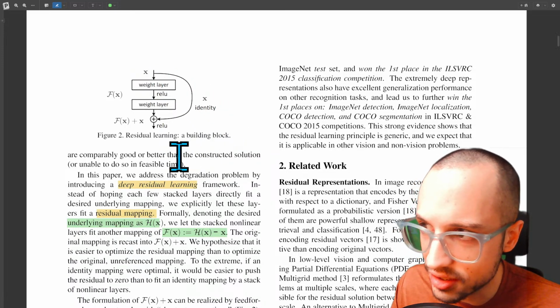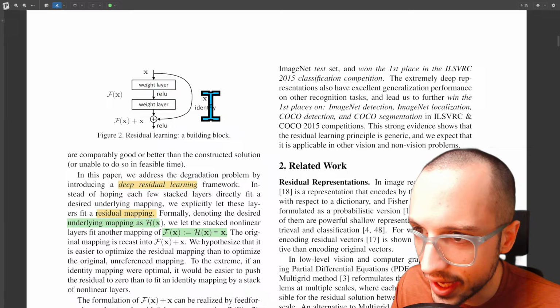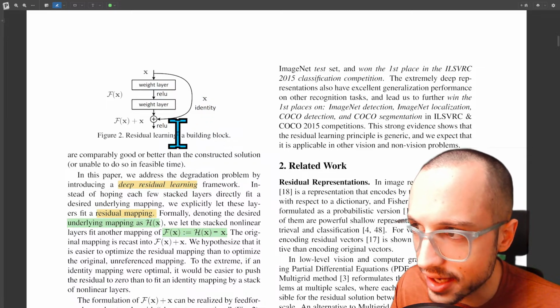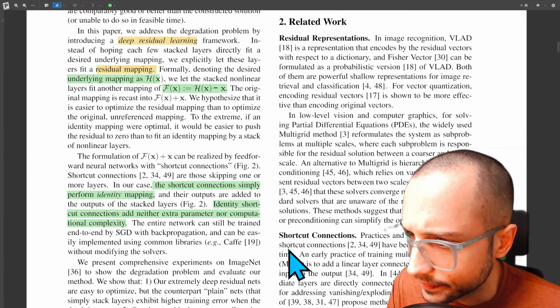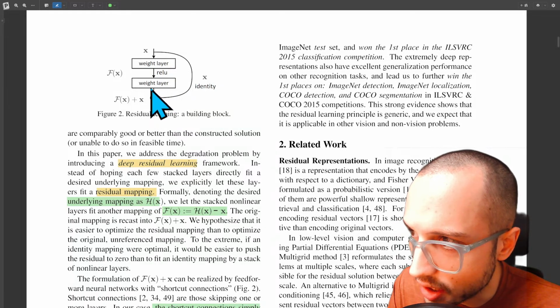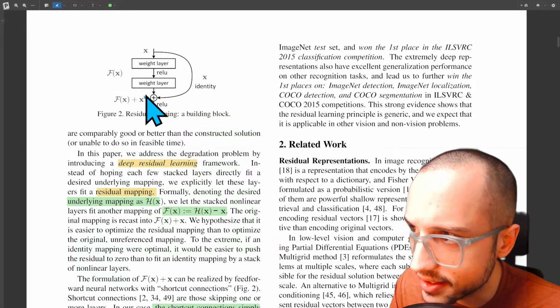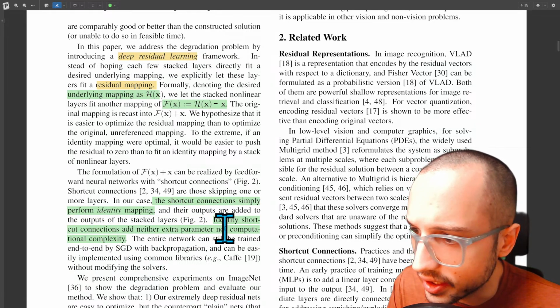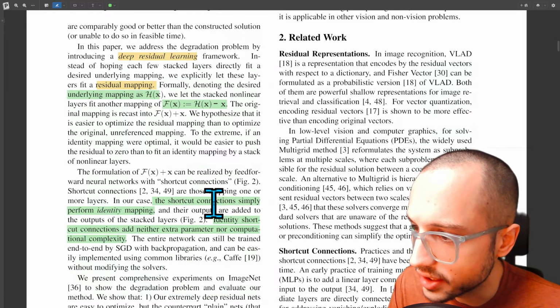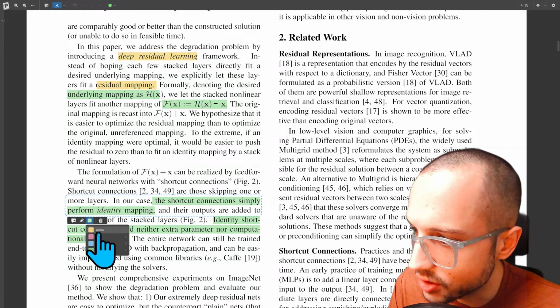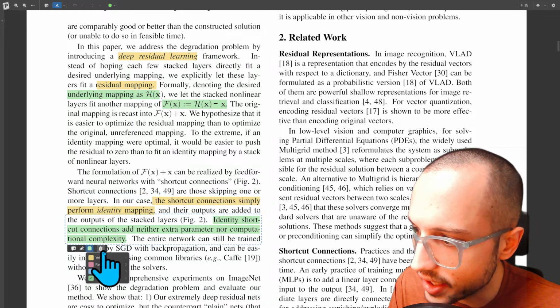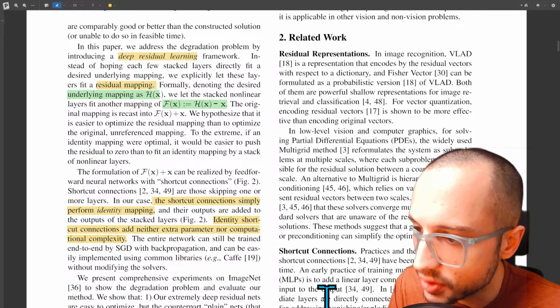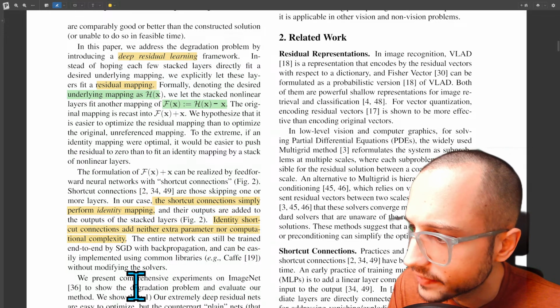You can just add this to your architecture, and the size of your model is exactly the same. You do have to perform this additional computation, this addition, but that is a very easy computation to perform. So here they're talking about how you're not going to have to increase the size of your neural net in terms of the total amount of parameters if you want to use skip connections.